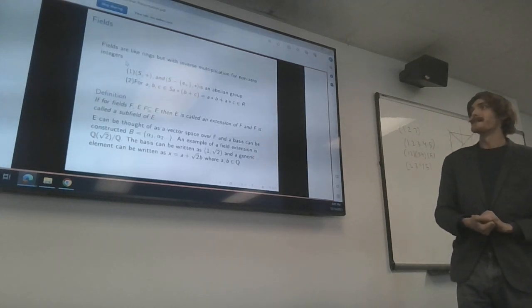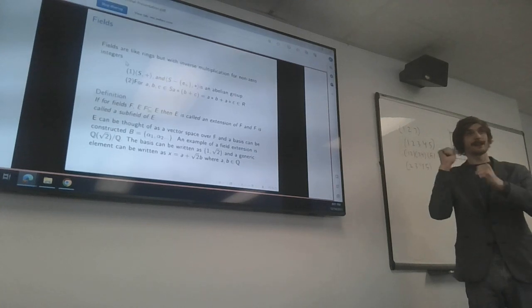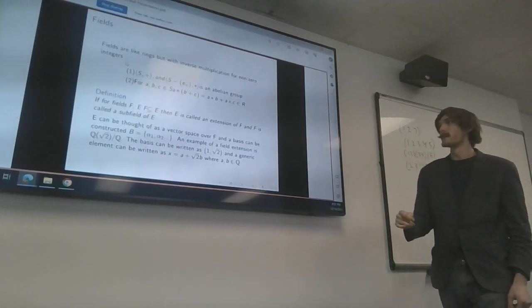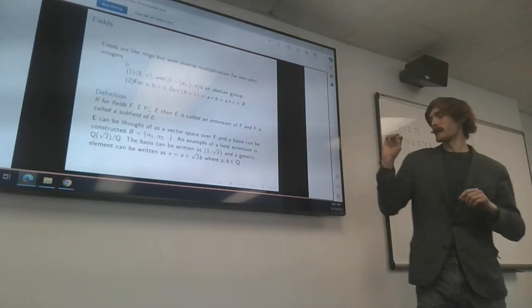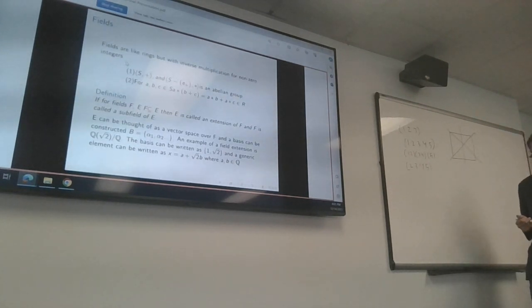Fields are kind of like rings, except you can also do inverse multiplication in them.